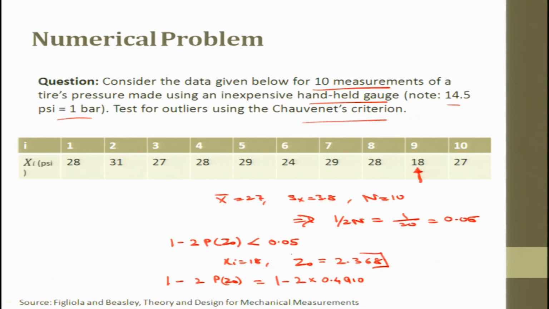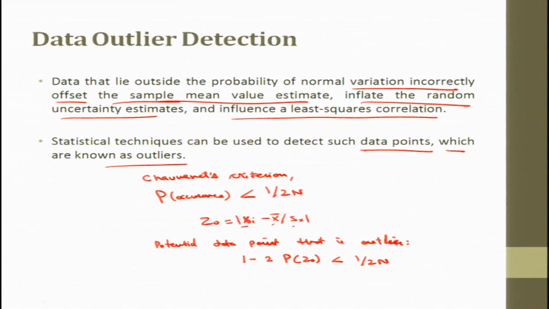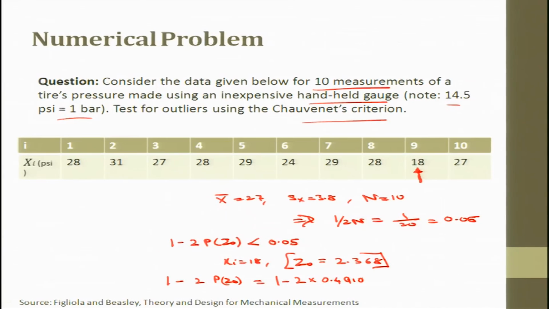Z naught is calculated using this relation. This is the modulus here, z naught is always positive here. So, this probability is equal to 0.018. Now, this is the calculated probability for my xi equal to 18, and this is my 1 by 2n.